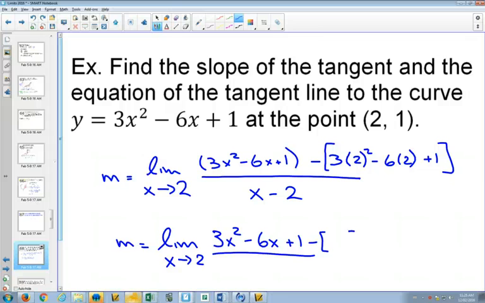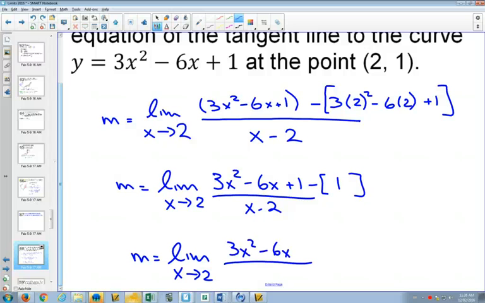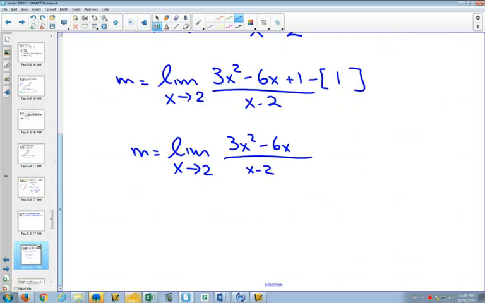And when we evaluate this whole thing, it's going to be 12 minus 12 plus 1, another 1 there, all over x minus 2. So the 1's cancel out. And on the top, we're just left with 3x squared minus 6x. On the bottom, we have x minus 2.